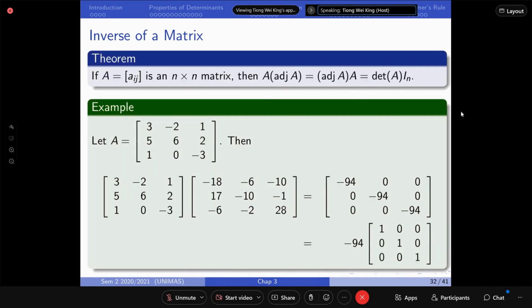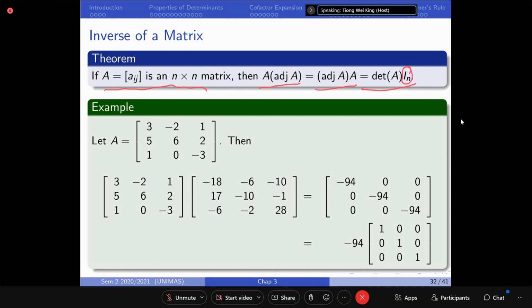Now before that, there's one theorem for adjoint. If A is a square matrix, then A times adjoint A is equal to adjoint A times A is equal to the determinant of A times the identity matrix.